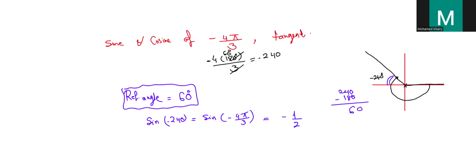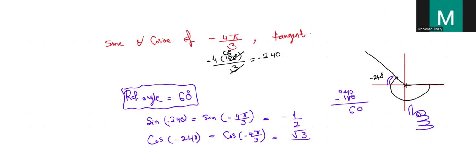And cosine negative 240 equals cosine negative 4 pi over 3 equals radical 3 over, sorry, I switched here, right? This is sine. So here this is 60, right? So sine, number of fingers down.